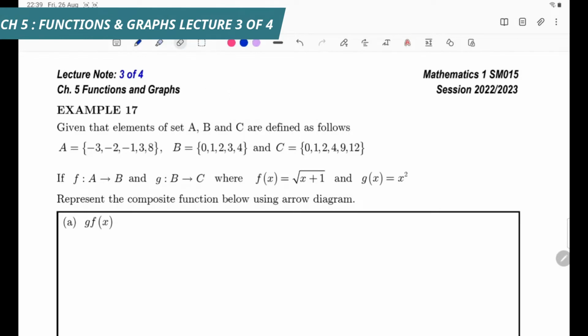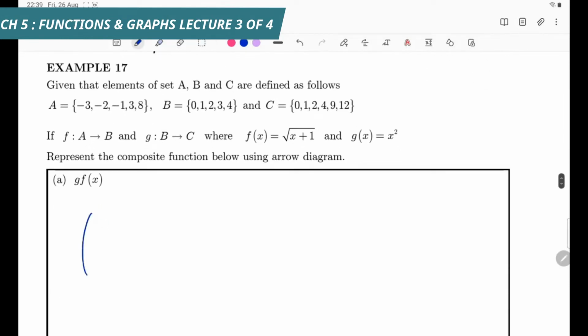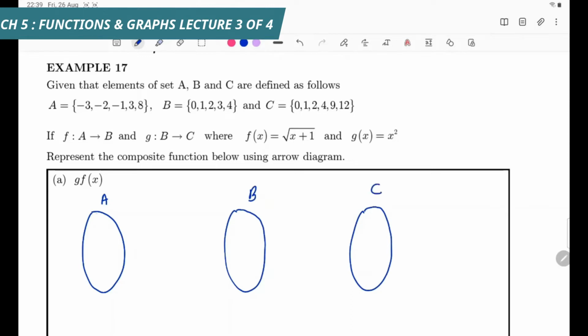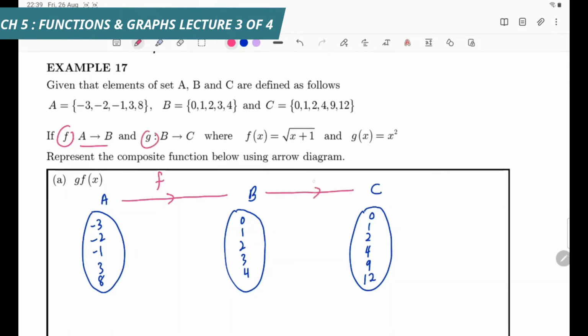So we have three different sets which are A, B and C. I'm going to write down all the elements in A, B and C. The function f is A mapped to B. So A mapped to B is function f, and B mapped to C is function g.